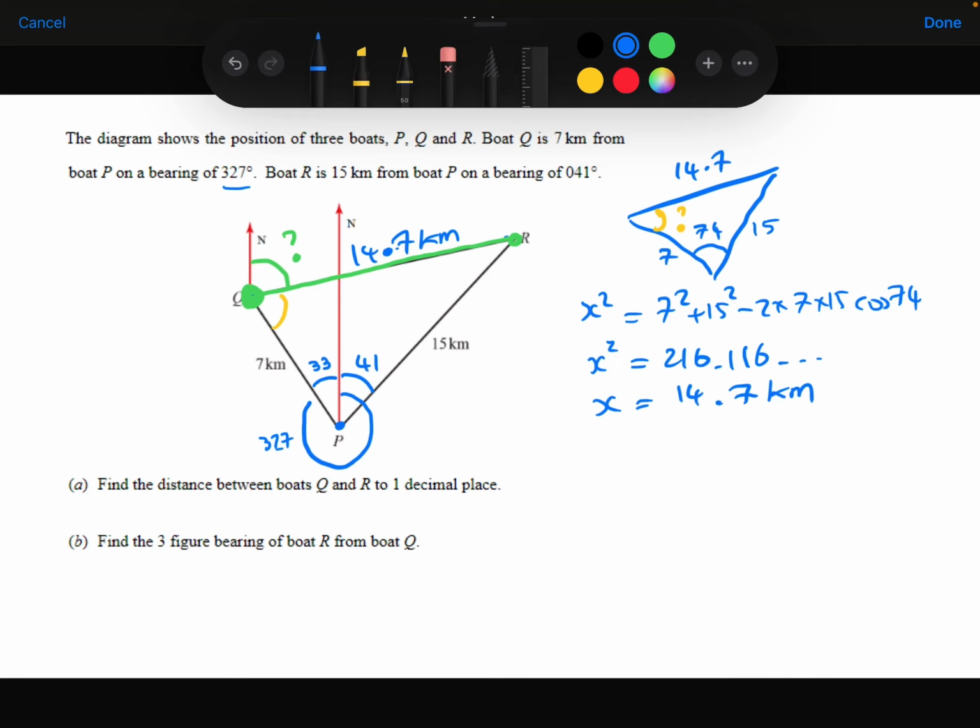The cosine rule for angles is cos A equals b squared plus c squared minus the a squared, divided by 2 times b times c.